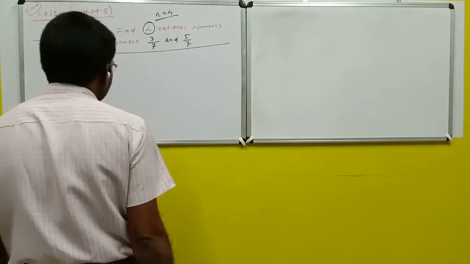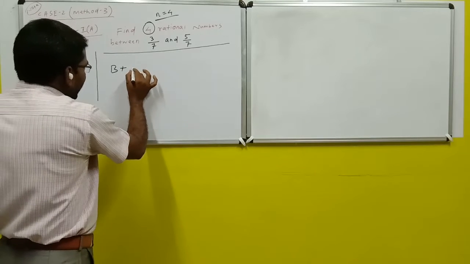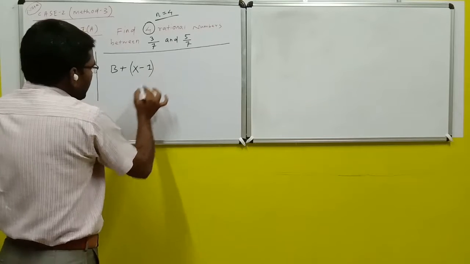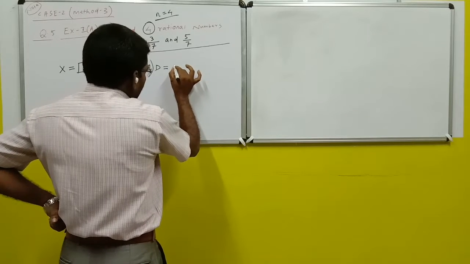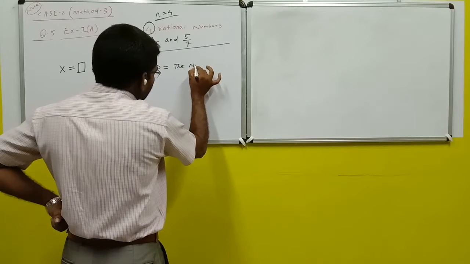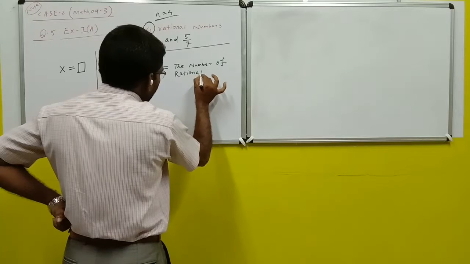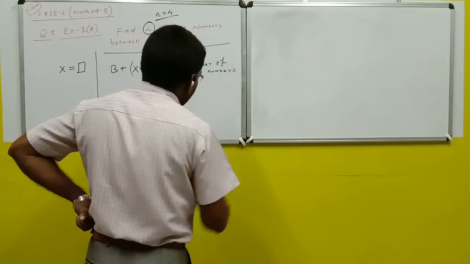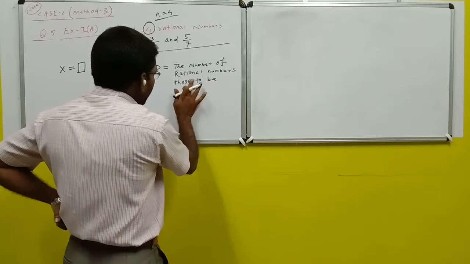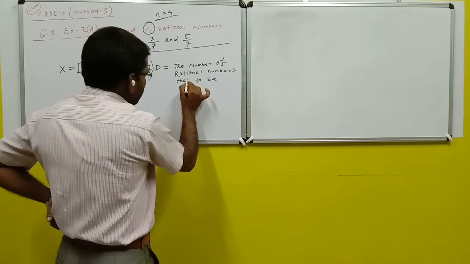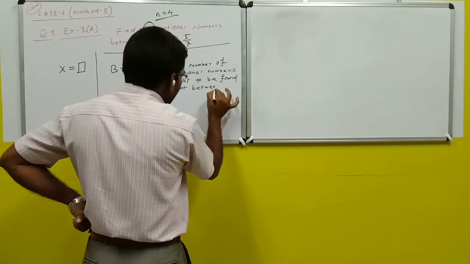The trick is that b plus x minus 1 into d is equal to the number of rational numbers that are to be found out between your given rational numbers A and B.